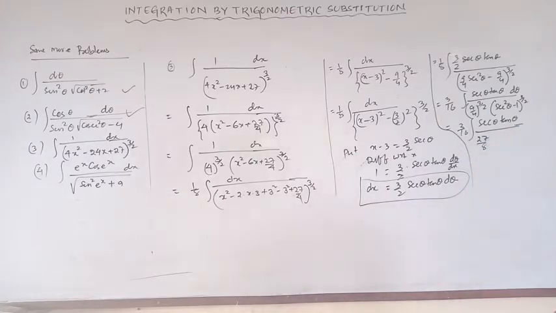Sec square theta minus 1 is equal to tan square theta, so this is tan cube theta d theta here, and this is equal to, cancel here, 3 by 16 into 27 by 8 means what? 8 by 27, and this is sec theta divided by tan square theta d theta.